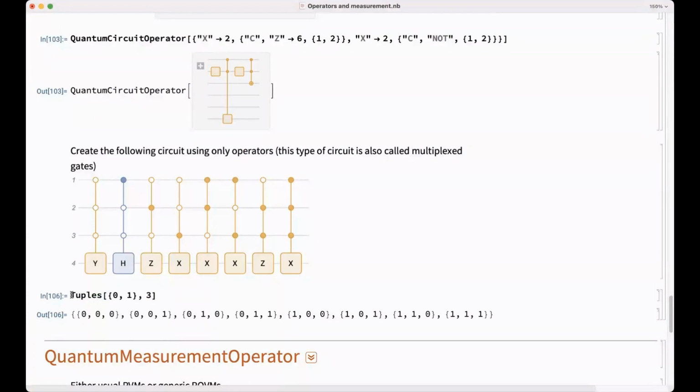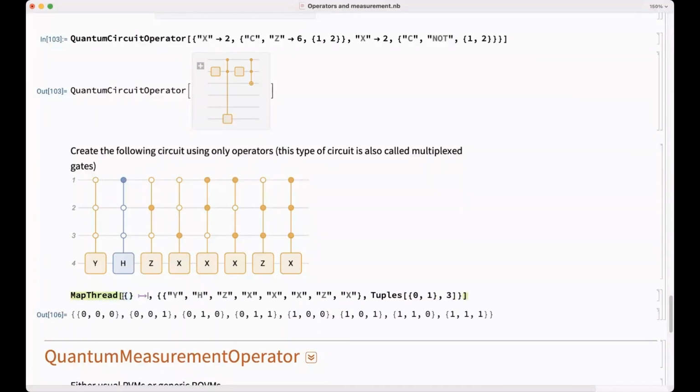Now, how can we write down the corresponding operator? We have to create a series of control gates. First, we specify the operators Y, H, Z. That's the sequence that we have.